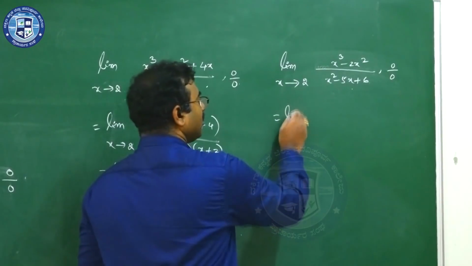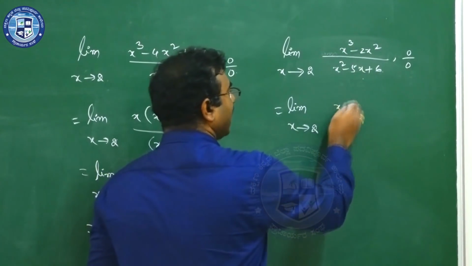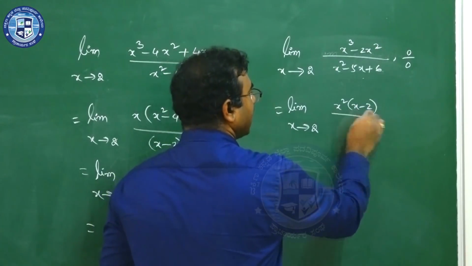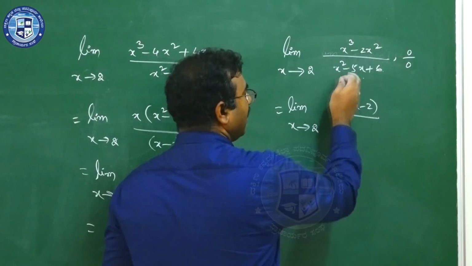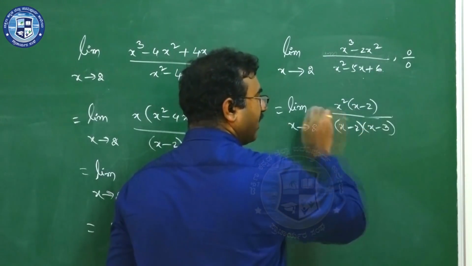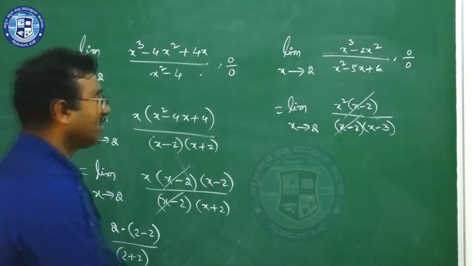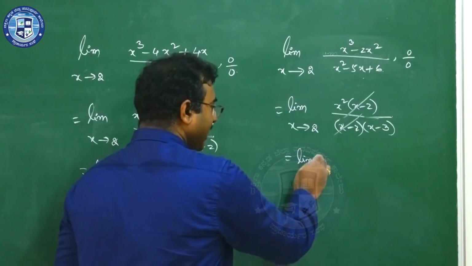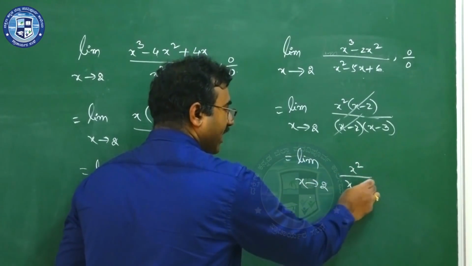So limit x tends to 2, if you take x square common in this, because x cube minus 2x square is there, x square you can take common, and the denominator factors as x minus 2 into x minus 3. So now this x minus 2 gets cancelled, then what is remaining? Limit x tends to 2, x square by x minus 3.